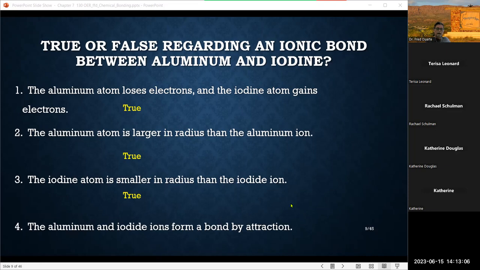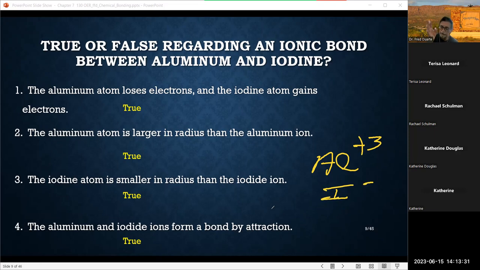Okay, and the aluminum and the iodine ions form a bond by attraction, and that is true because we have a full-fledged negative charge and a full-fledged positive charge. Specifically, if we were to draw the formula, because aluminum has a +3 charge, and the iodines have a -1 charge, right?